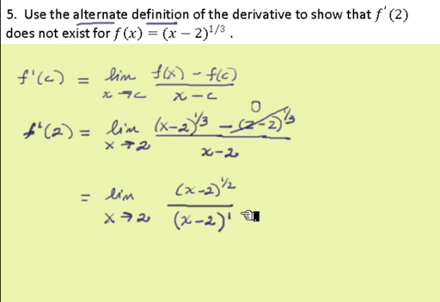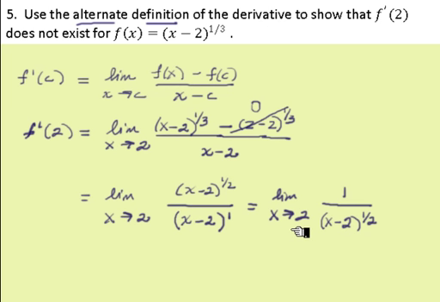Let's just simplify by subtracting the exponents. 1 minus 1/3 is 2/3. So we have limit x goes to 2. We're just dividing top and bottom by x minus 2 to the 1/3. So we have a 1 up here. And in the denominator, we're left with x minus 2 to the 2/3.